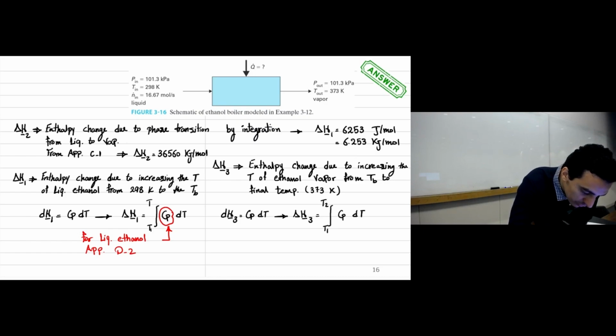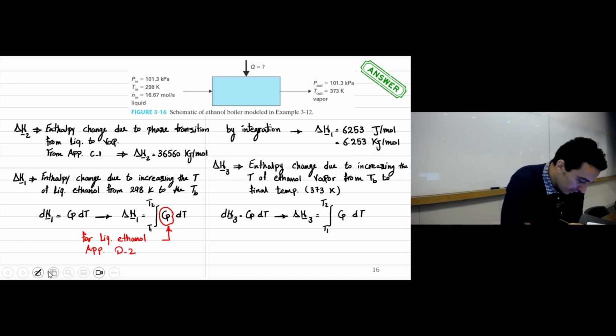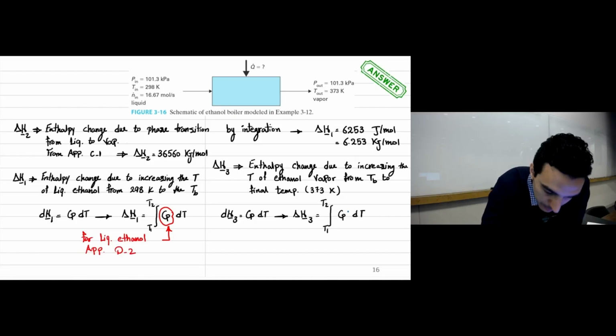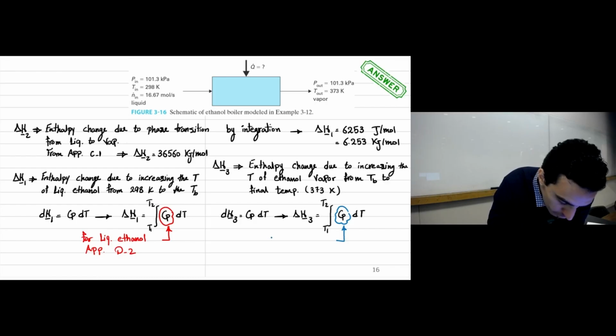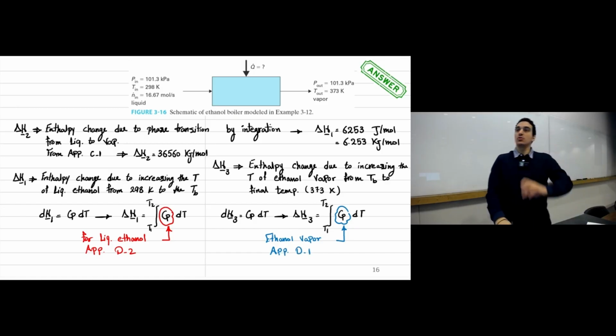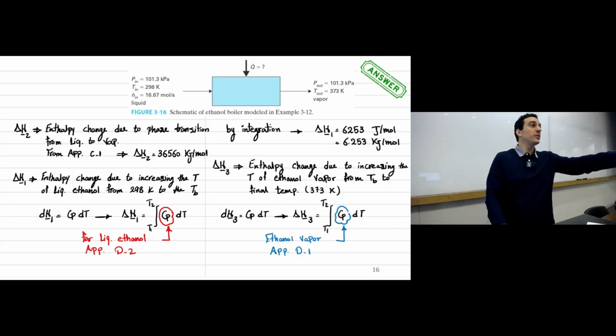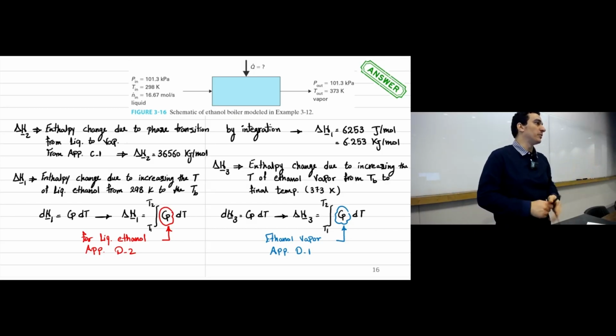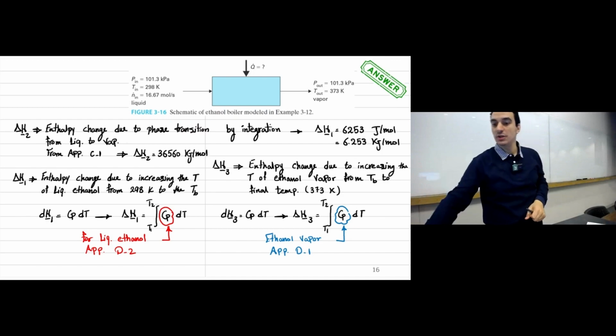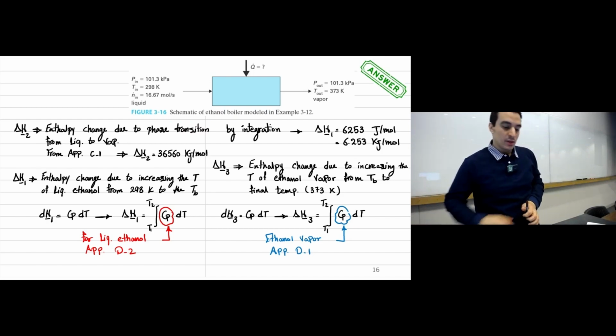And again, this Cp is for ethanol vapor, and you can find it in appendix D1. So go to appendix D1 for ethanol vapor, find the value of Cp, get this value, put it in the equation, and then you can integrate.